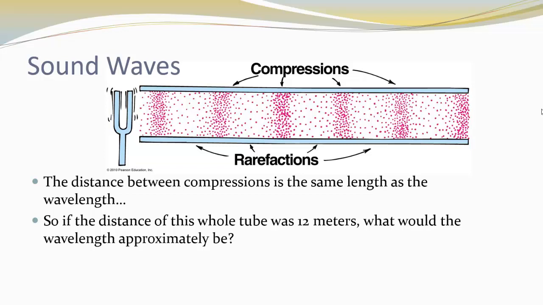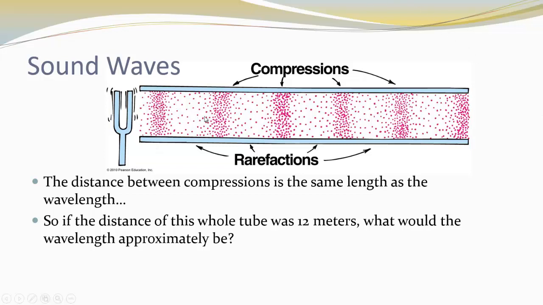So if this whole tube is 12 meters, what would the wavelength be? So try and figure that out really quick. Okay, so in order to do this, first you have to figure out how many waves there are. If you go from compression to compression, that means you start over here on the left.